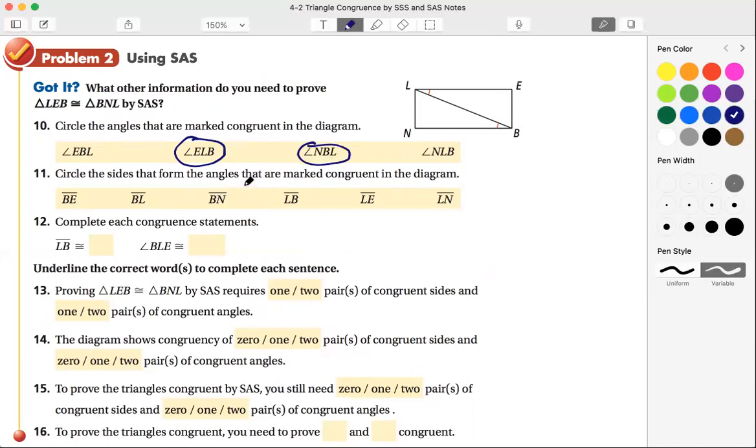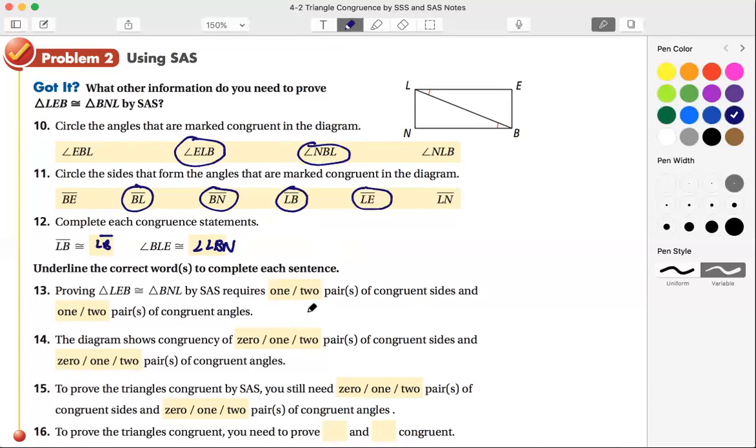Circle the sides that form the angles that are marked congruent on the triangle. So segment BL, BN, LB, and LE. Well, we know LB is congruent to itself. We know angle BLE is congruent to angle LBN.